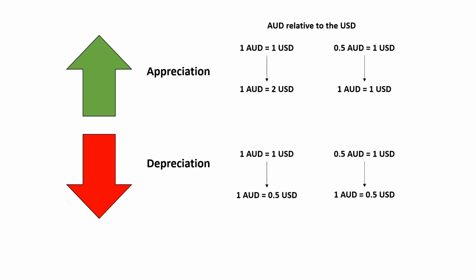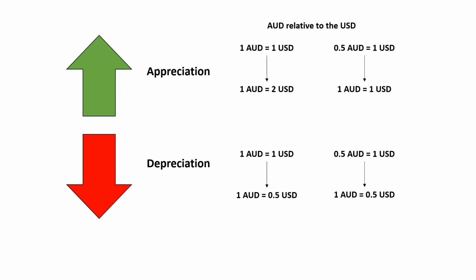An appreciation would be, for example, if a 1-to-1 AUD to USD exchange rate increases to 1 AUD equals 2 United States dollars. And a depreciation would be, for example, if the exchange rate was 1 AUD to 1 USD, and then suddenly the exchange rate changed to 1 AUD equals half a United States dollar.